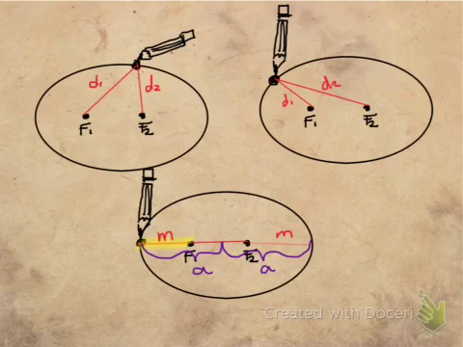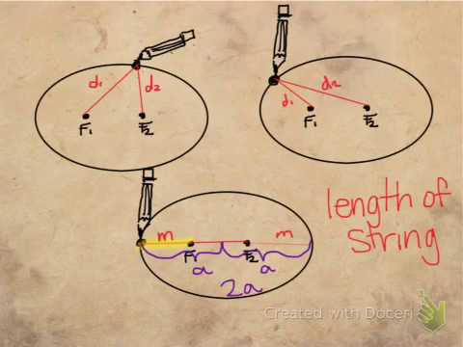So that doubled section we just put over on the other side. If you remember, the horizontal distance here is a, so the distance of the entire thing is 2a. So the length of the string is 2a. In other words, distance 1 plus distance 2 always equals 2a.